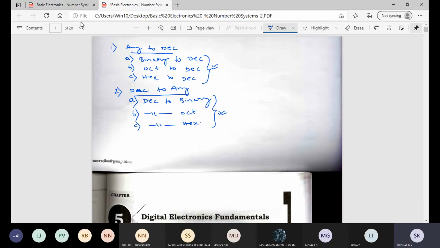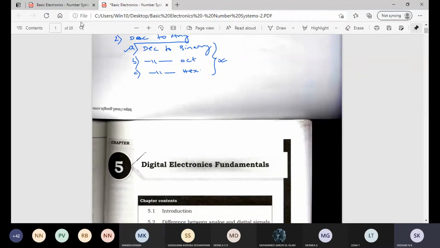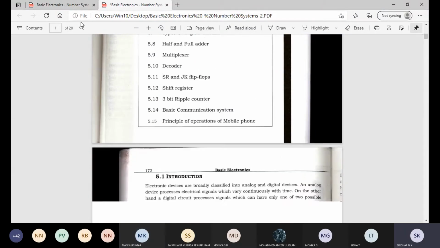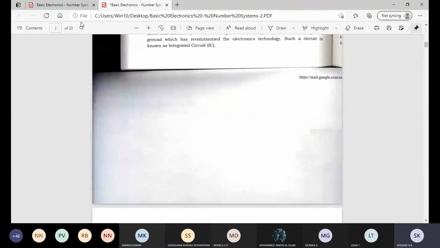So we'll start decimal to binary first. If you follow the first procedure, probably rest of the two conversions will be easy, because the procedure remains same. So just concentrate.